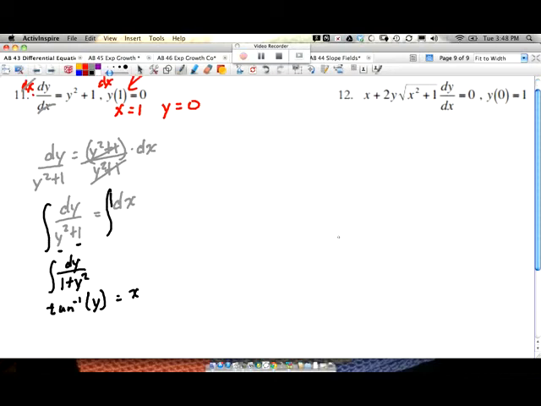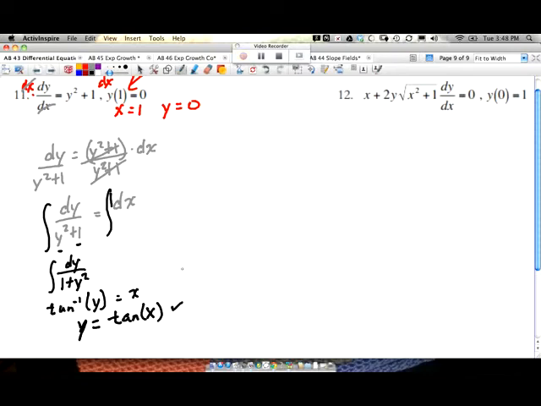Now, here's where this is almost crazier than you would even think. You would say, that looks complicated. Well, that's actually the same thing as saying y equals tangent of x. Wow, check that out.